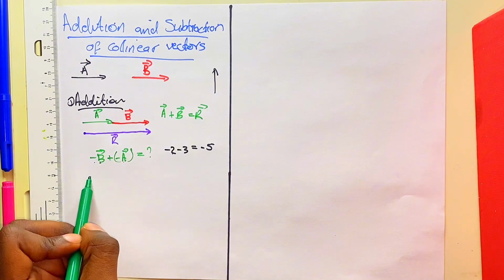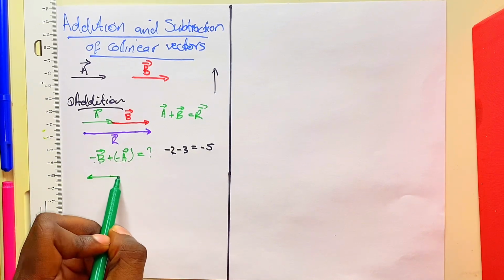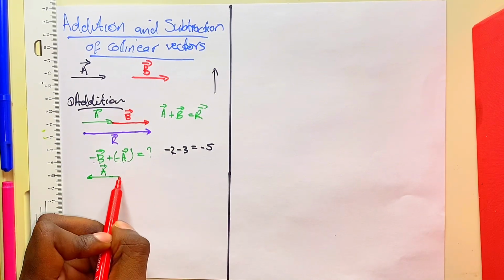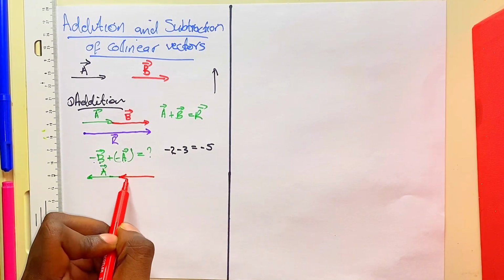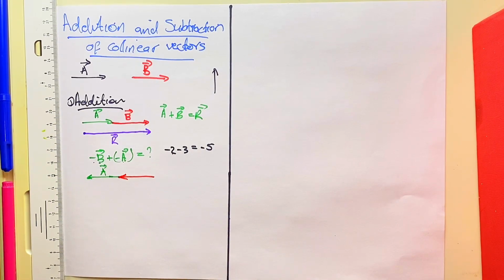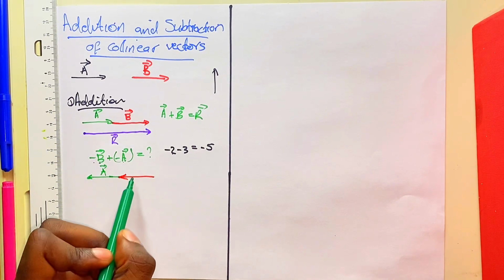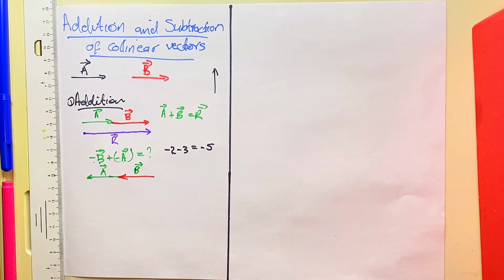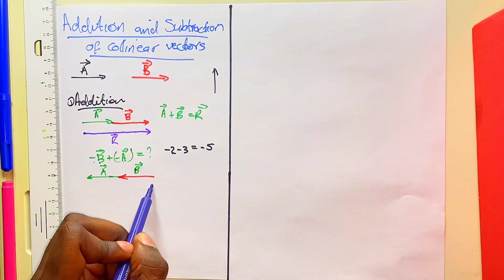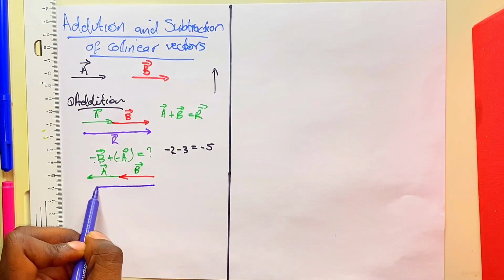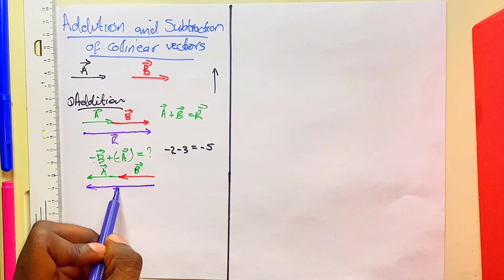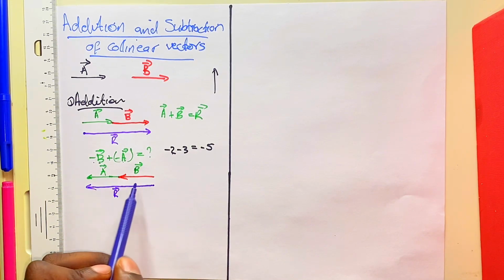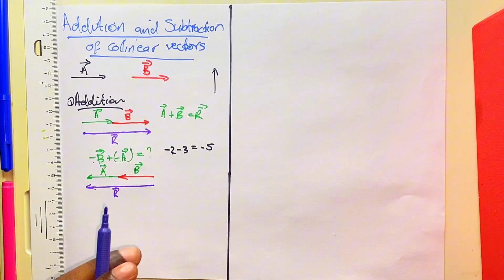Now suppose that they are negative, so they will go this direction. So we will join B again in that direction. They must touch. Now our resultant vector, we will add them, meaning that we'll have a vector that covers them both, and we must keep the sign, meaning we must keep the direction that it is going in.